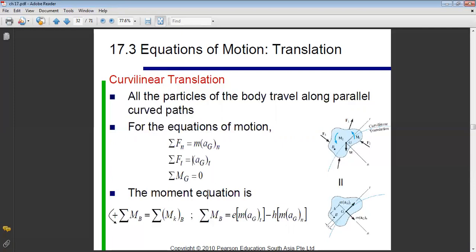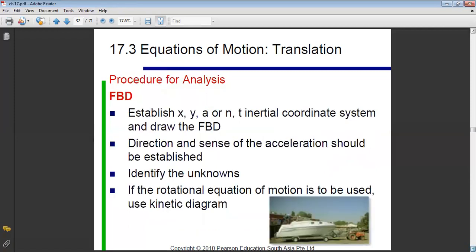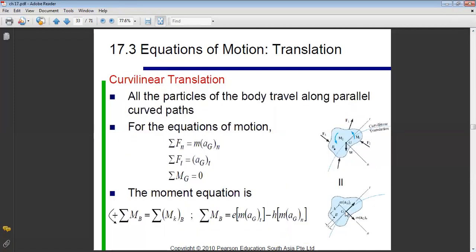But if I take any other point than G, for example point B in this figure, the figure here at the bottom, and I want to do sum of moments about B, I should consider the moment of the vector m a_G about B. Because I'm working in normal-tangential coordinates, I divide it into m a_G normal and m a_G tangential.